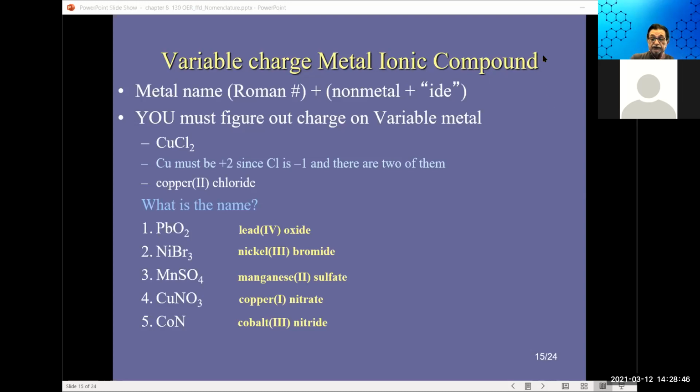Again, you can mix and match different combinations here. Add some more. You got the lead with the bromide, lead with the sulfate or the sulfite, lead with the nitrate or the nitrite, and lead with the nitride. And the same with the cobalt, go the other direction. You can see how you build up your database with cobalt with nitrate, cobalt with sulfate, cobalt with bromide, cobalt with oxide.